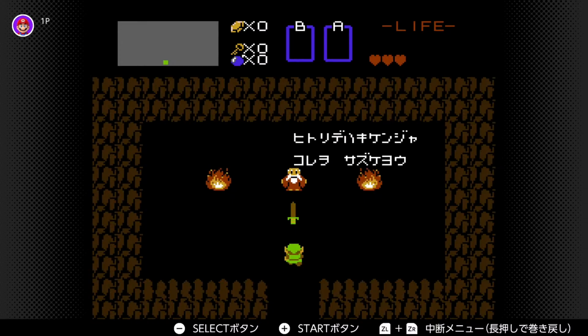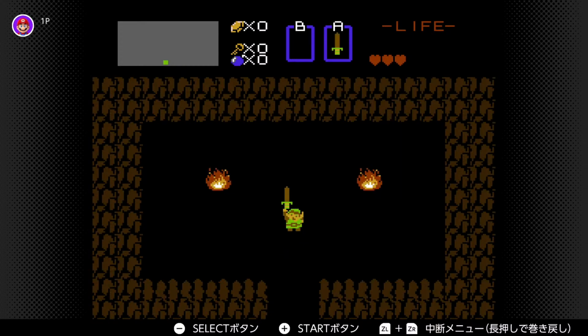So globally, this character says, as for alone, it's dangerous. Let's grant you this. And so translated as it's dangerous to go alone, take this in English. And so let's get the item.